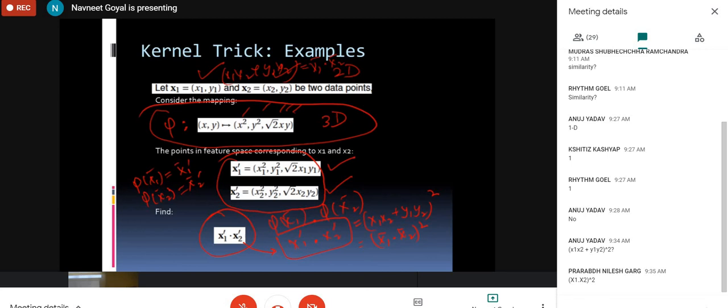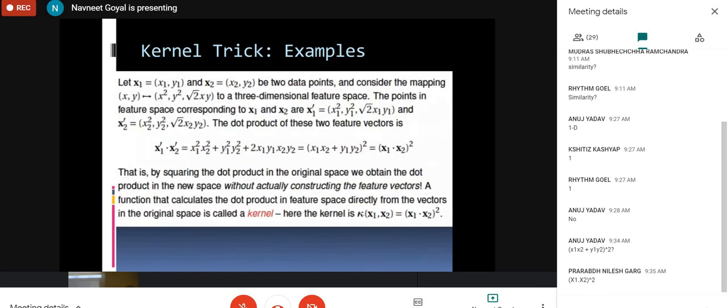So you can see it here. I'm calculating the calculation that we did. All of you can check this. This is x1 x2 plus y1 y2 whole squared, and this is nothing but x1 vector dot x2 vector whole squared. So in this case, what is my kernel?